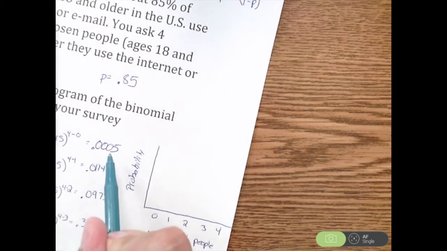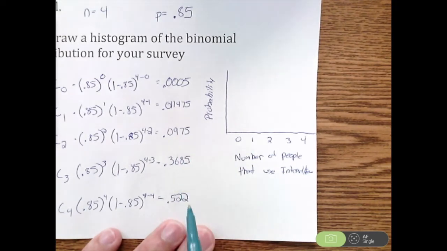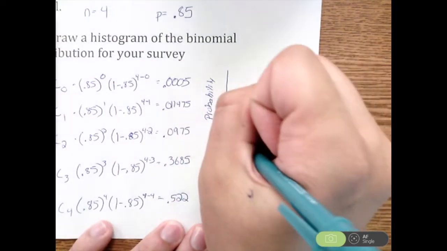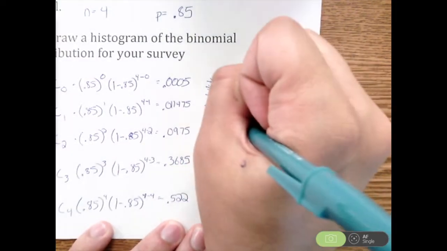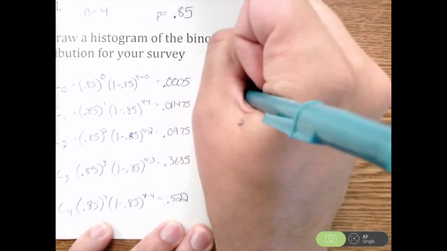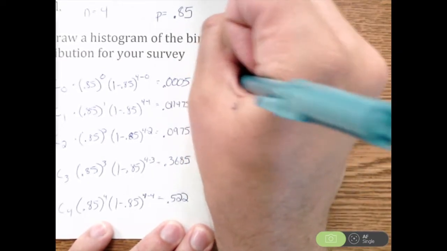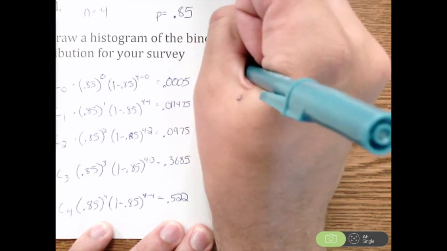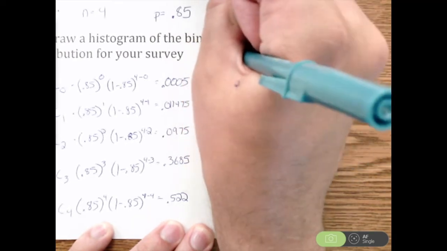Now, my probabilities went from 0.005 all the way up to 0.522. So I'm going to have 0, we'll put 0.1, 0.2, 0.3, 0.4, 0.5, all the way up to 0.6.